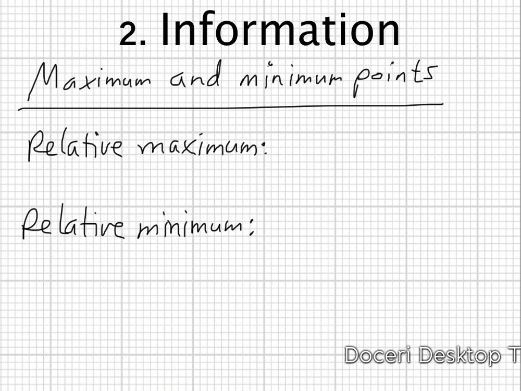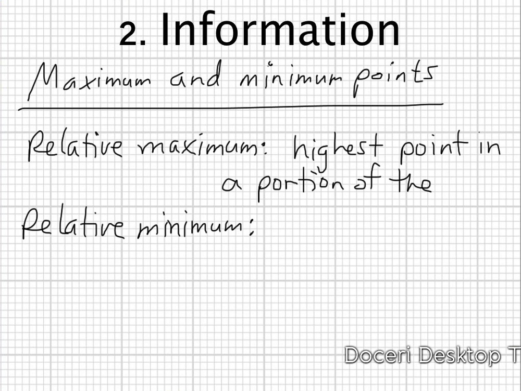Okay? A relative maximum is the highest point in a section of the graph or a portion of the graph. And it then follows that a relative minimum is the lowest point in a section of the graph or a portion of the graph.